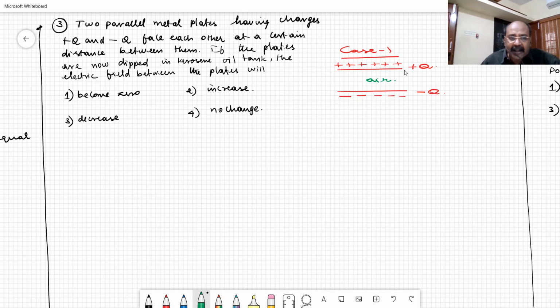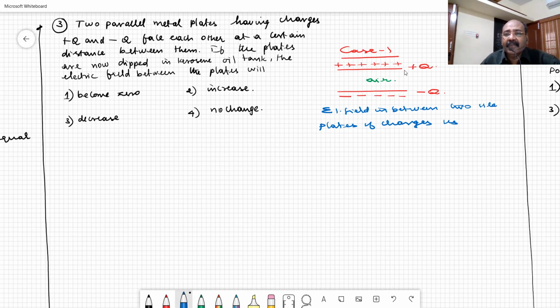So if you have an air medium in between the two plates, then according to the application of Gauss law, we know the electrical field in between two parallel plates of charges is given by electrical field E equal to sigma divided by epsilon 0, where sigma is equal to Q divided by A, that is the surface charge density.